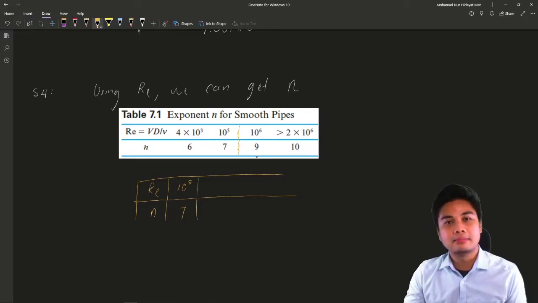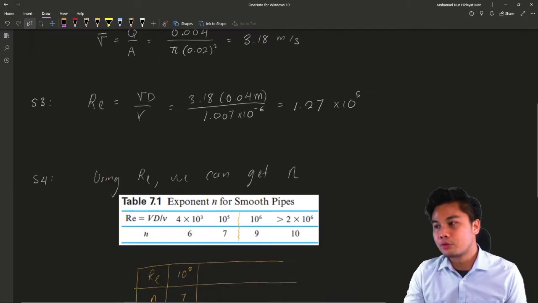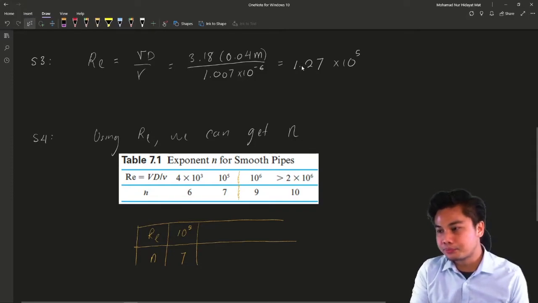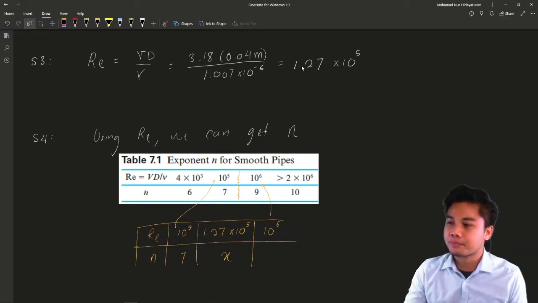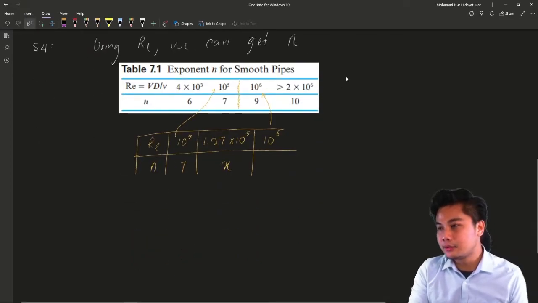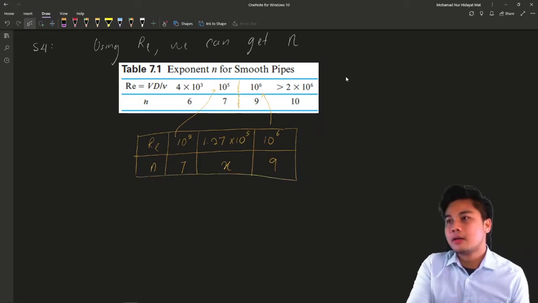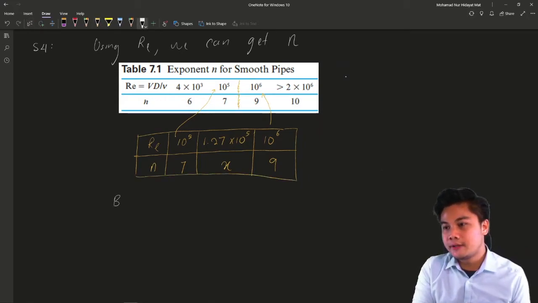Our number, 1.27 multiplied by 10 to the power of 5, must be in between, and the next is 10 to the power of 6, which corresponds to 9. We use the interpolation method.